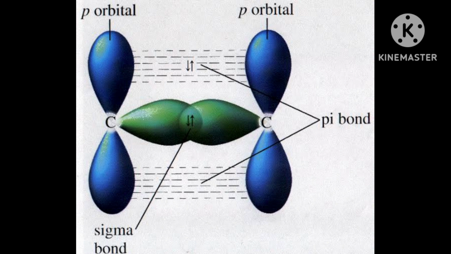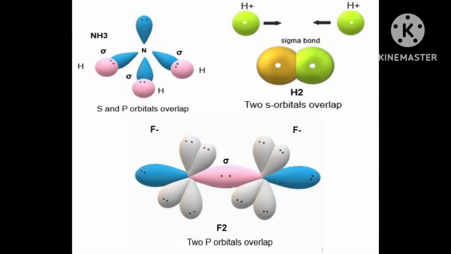You have to write the IUPAC names of the following compounds. There are 4 compounds, 1, 2, 3, 4. And actually this is very easy. This type of question has been asked many times.